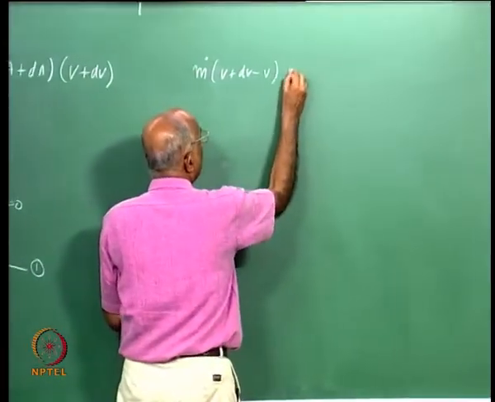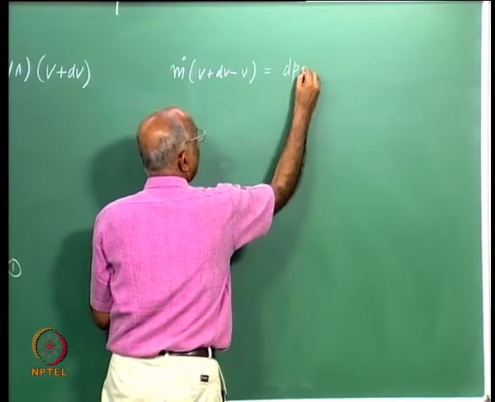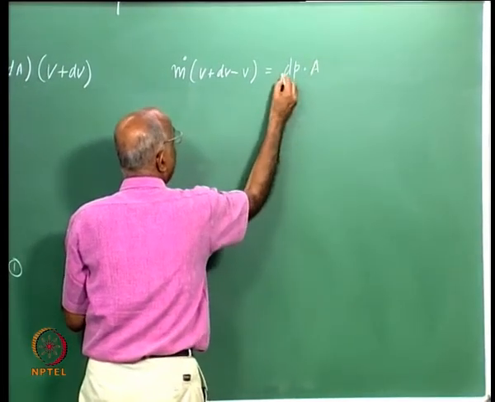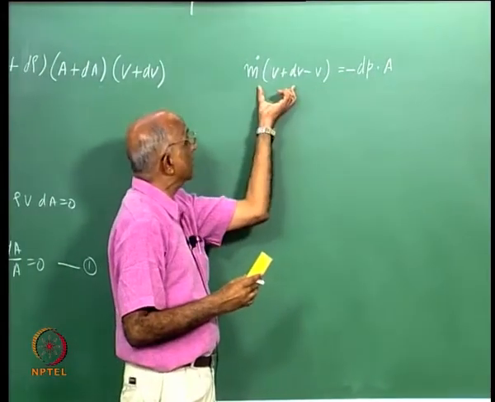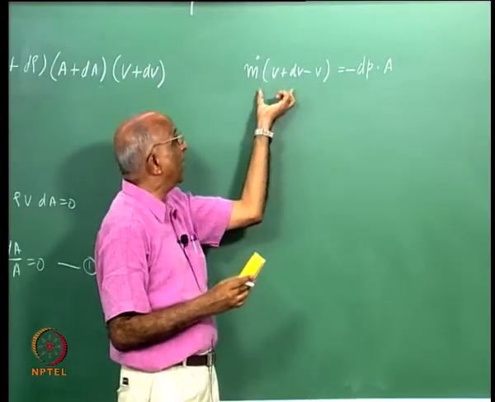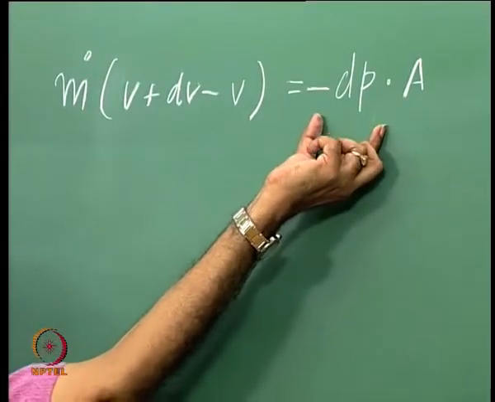And what is the force I get? I have the change in pressure across, dP, and the area is A. I find dP is higher, therefore the force acts in the direction of change of momentum, and therefore I have mass into change of velocity is equal to the force.